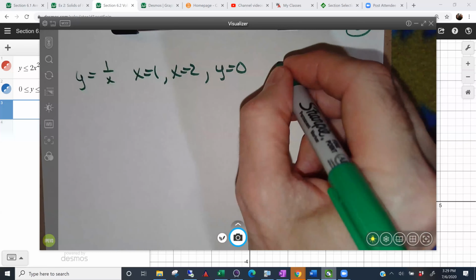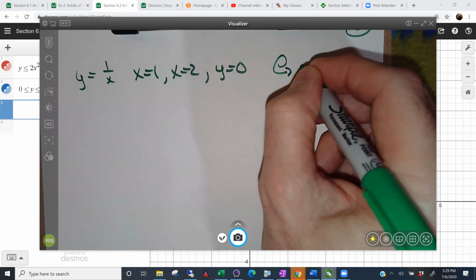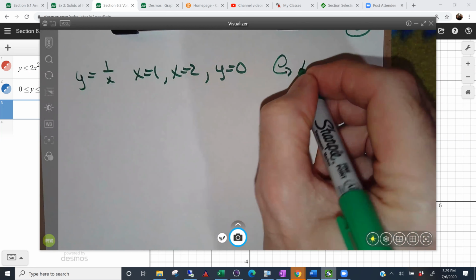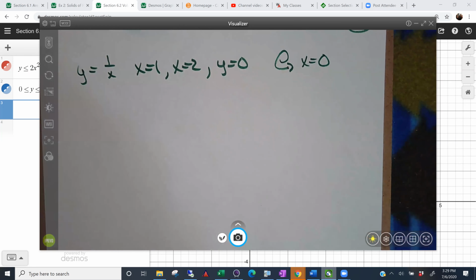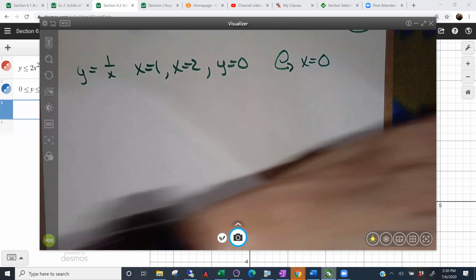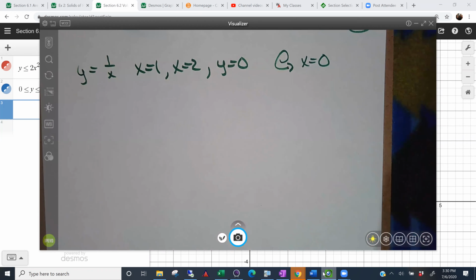And we're going to rotate it around the y-axis, that is the line x equals 0. So let me help you out with what that graph's going to look like. So the graph of 1 over x is really part of a hyperbola. Kind of been rotated a little bit.